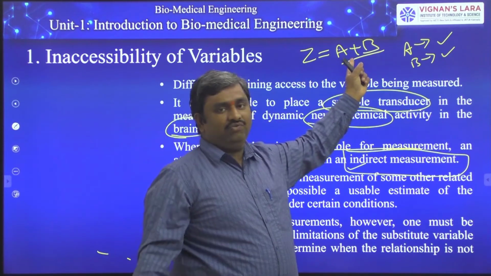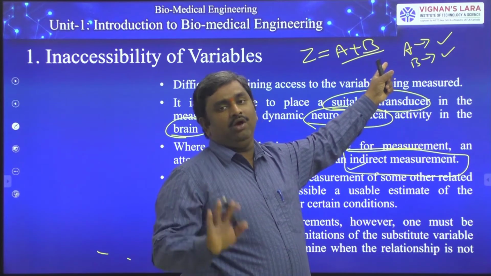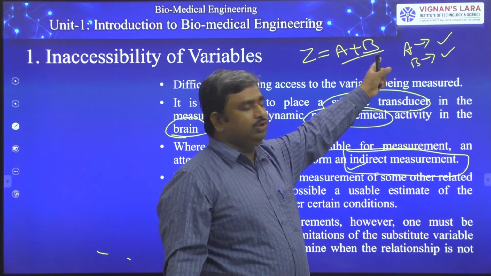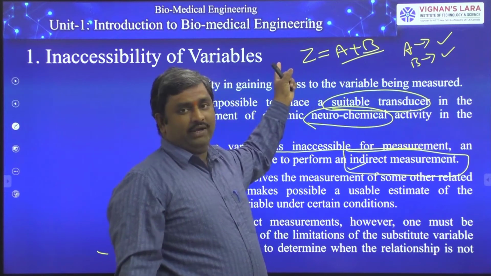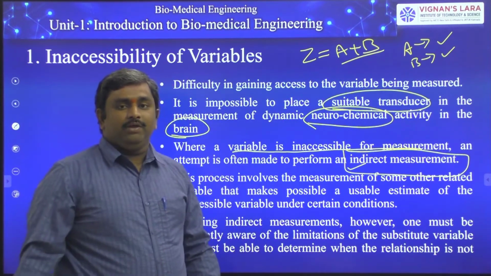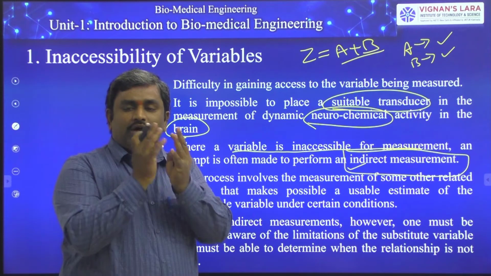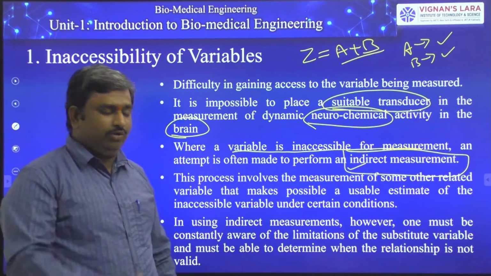Like that, some of the variables which are accessible from our human body are helpful for identifying the inaccessible variables. We cannot measure directly, we cannot attack directly for accessing those variables.